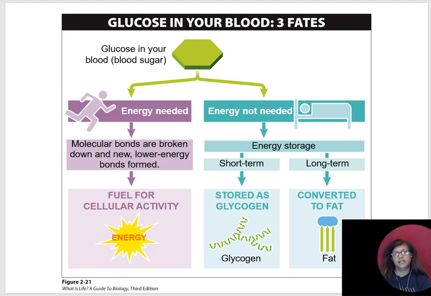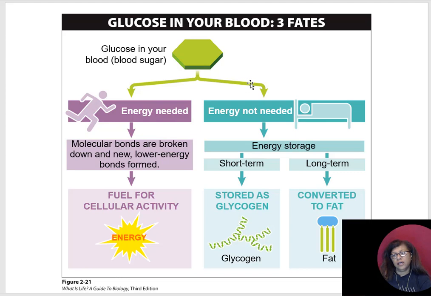You have taken in a high glucose meal and you need to run a marathon, right? You're going to start burning that energy. So the molecular bonds are broken down and new lower energy bonds are formed, and the fuel for cellular activity, that energy that you got from breaking those bonds, is now used in order to run that marathon. Okay?